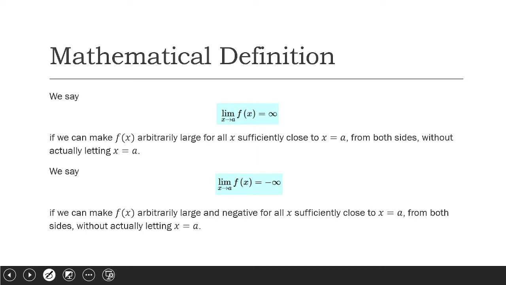Now, ganun din naman, if we substitute a value of x close to a, but not equal to a, and the value gets bigger and bigger on the negative side, on both sides, then we have a limit at negative infinity.